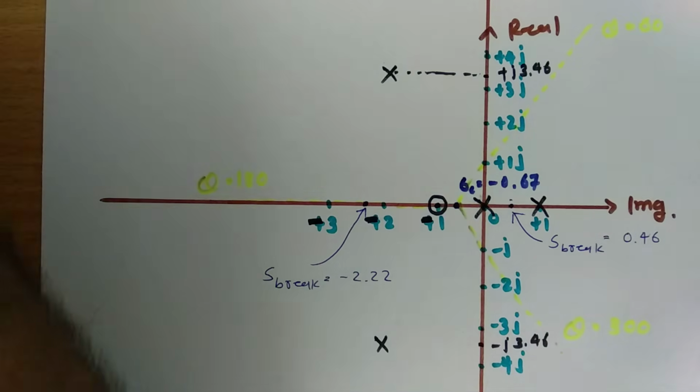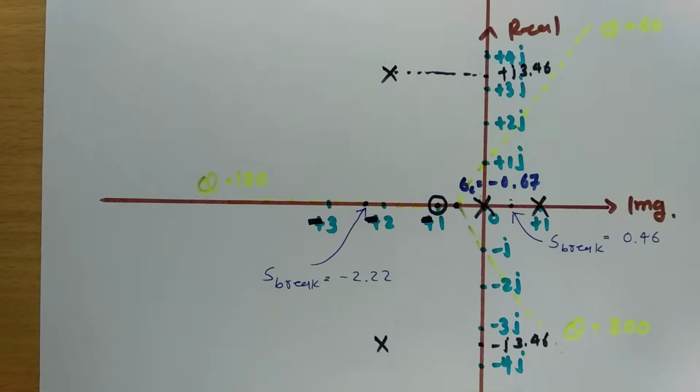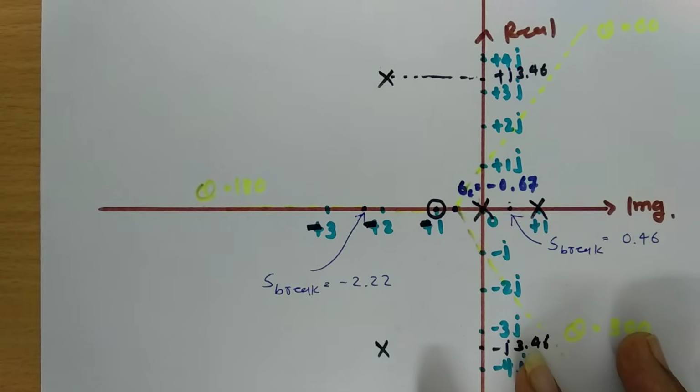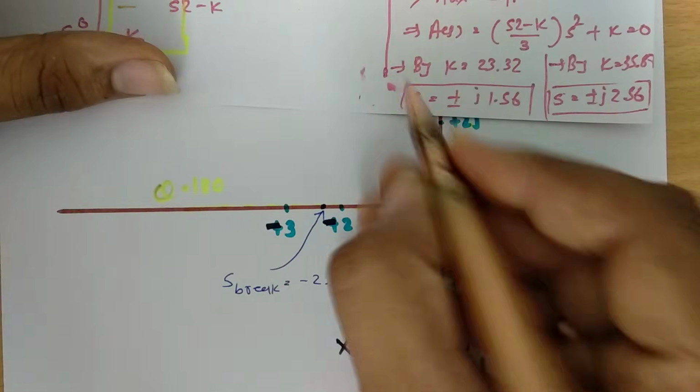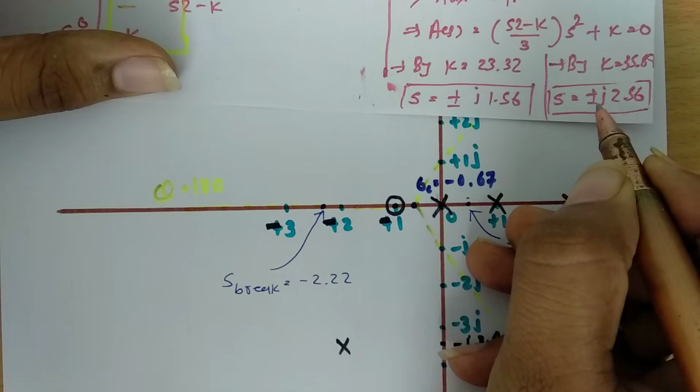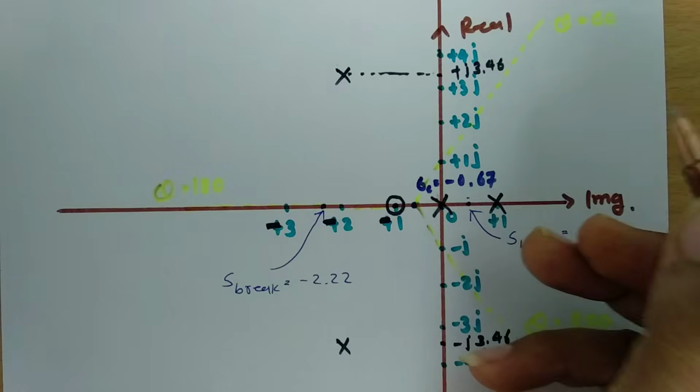Now let us initiate plotting of this root locus, which will explain how things are happening. And one more thing that we have calculated before I plot is the intersection with the imaginary axis, at plus or minus j 1.56 and plus or minus j 2.56.